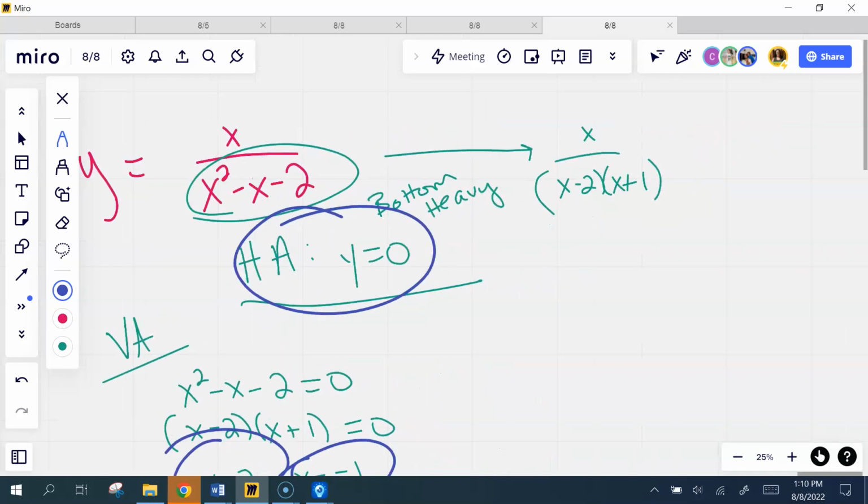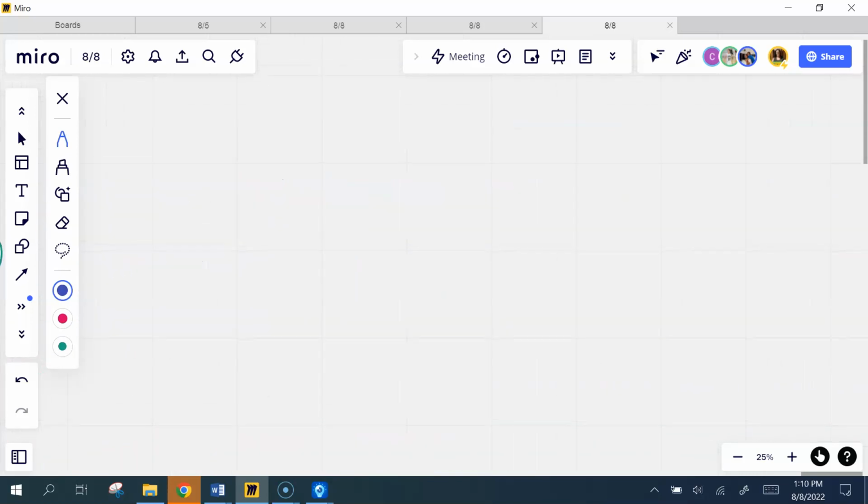Let's do one more. We won't do it graphically, we'll just do it algebraically. And then we need to review end behavior real quick and I'll be done. This is number 62 from your homework.